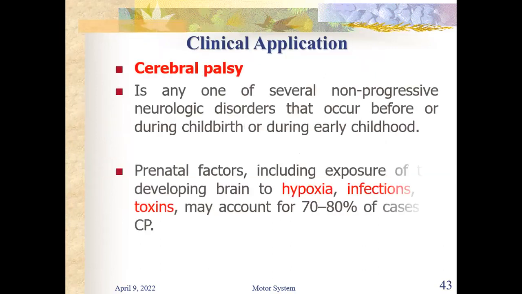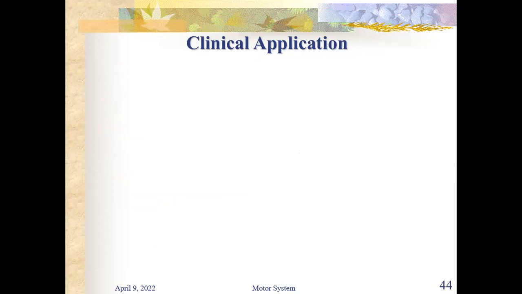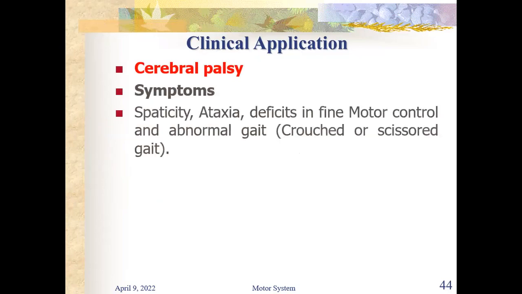So in the clinical application, we have cerebral palsy, which we had already talked about, which has to do with damage to the cortical areas and parts of the brain that control voluntary movements. We have the factors responsible for cerebral palsy, which you have to read up. We have the symptoms of cerebral palsy.